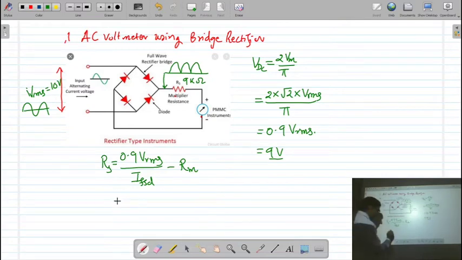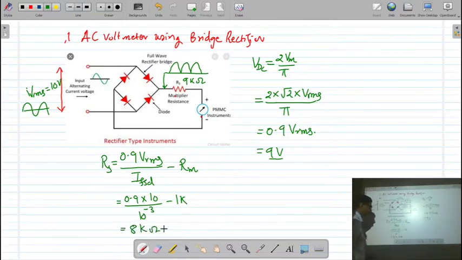And here in our case, if you see, this is 0.9 into 10 divided by 10 to the power minus 3, minus 1 kilo ohm, and 0.9 into 10 volt, so 9 kilo ohm minus 1 kilo ohm, so this will come out to be 8 kilo ohm. In the previous example, what was the value?